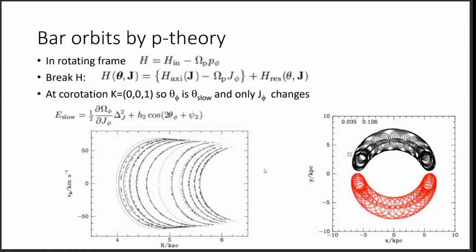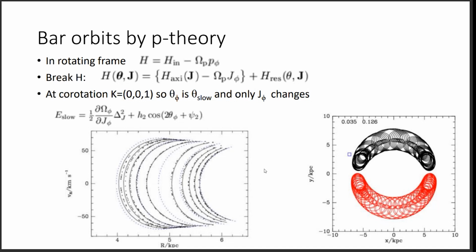Orbits are going to move on contours, in the theta phi, J phi plane, on contours of this Hamiltonian. And what we see here is an r, V R plane. The tori look a bit funny in this space.